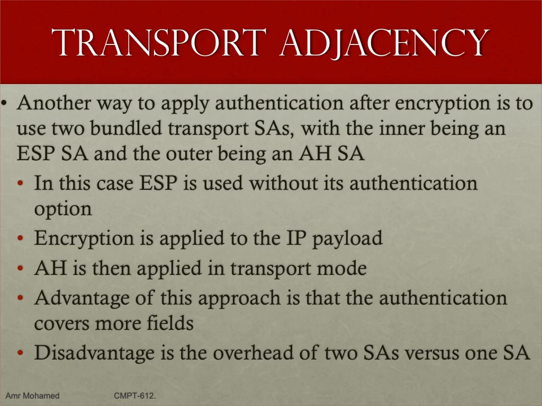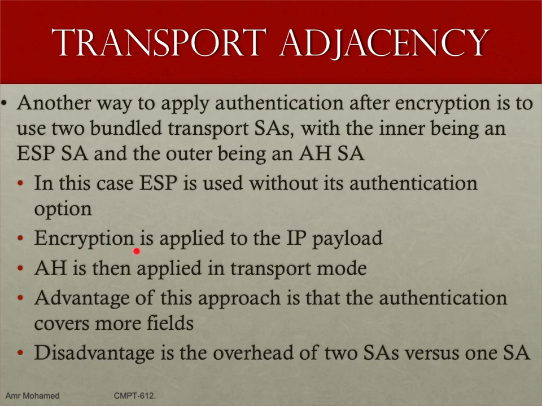But if you use two different headers, then you need a security association for each, which is what we call a bundled security association. In this case, ESP is used without its authentication option. Encryption applies to the payload. AH is then applied in the transport mode. We will see this graphically in a minute. In that case, you have logical security associations nested within each other.